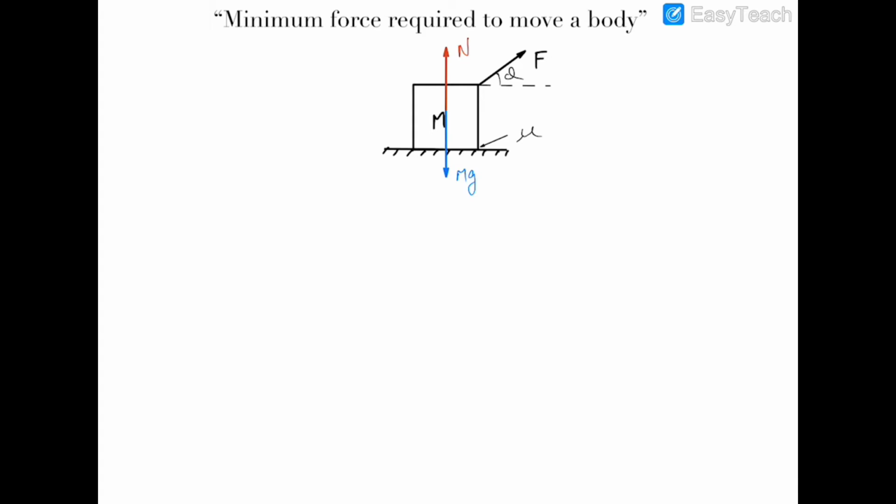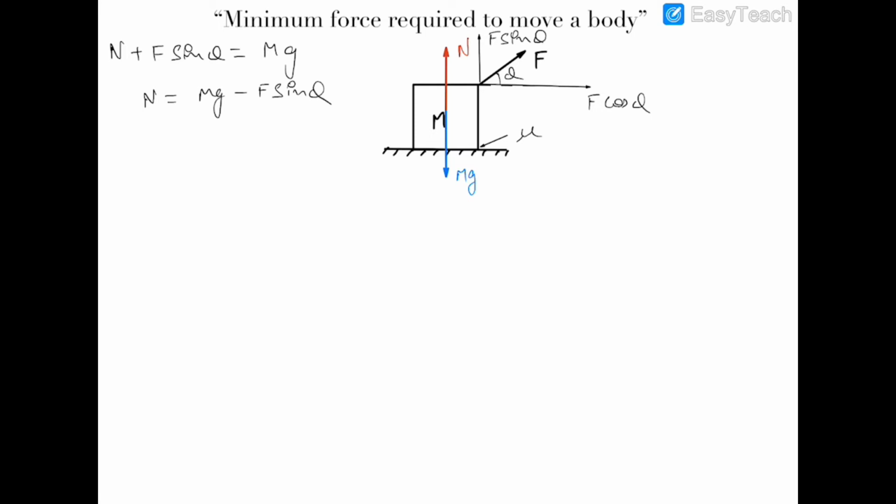If I resolve this F into two components, the horizontal will be F cos theta and the vertical will be F sin theta. Now N plus F sin theta will be equal to mg, and N will be equal to mg minus F sin theta.